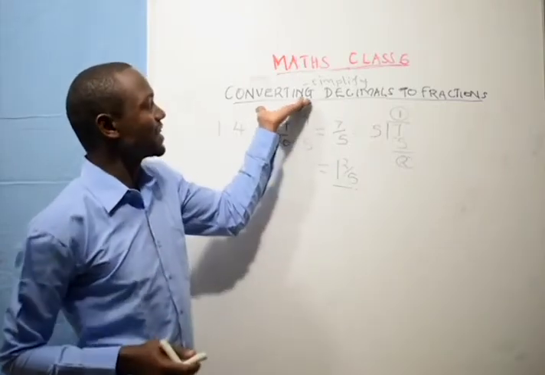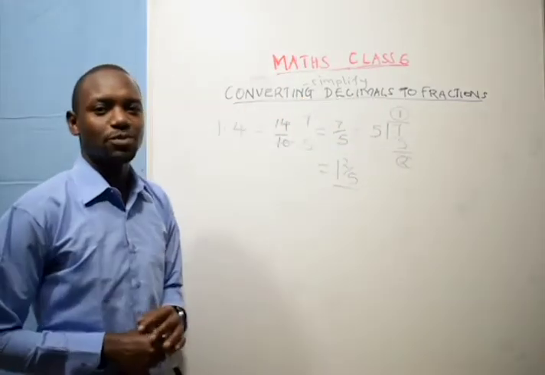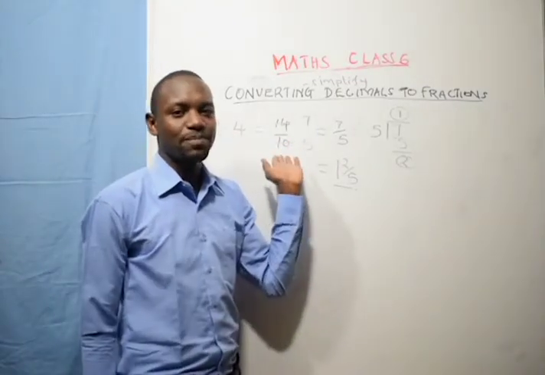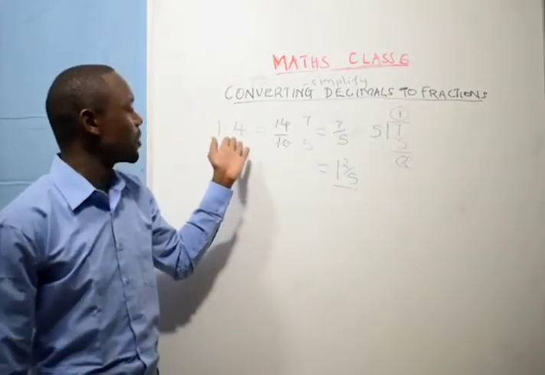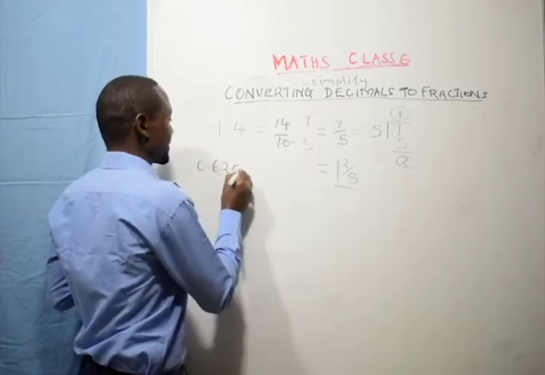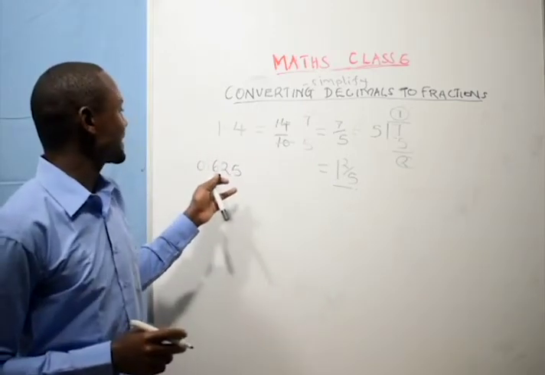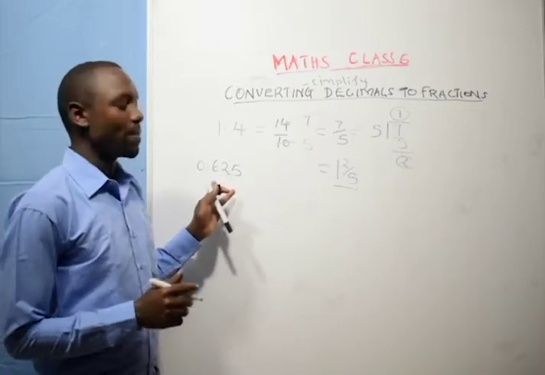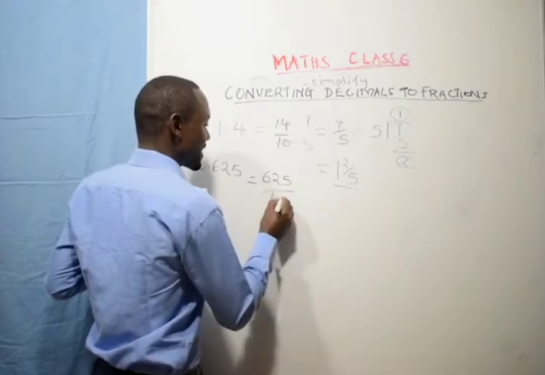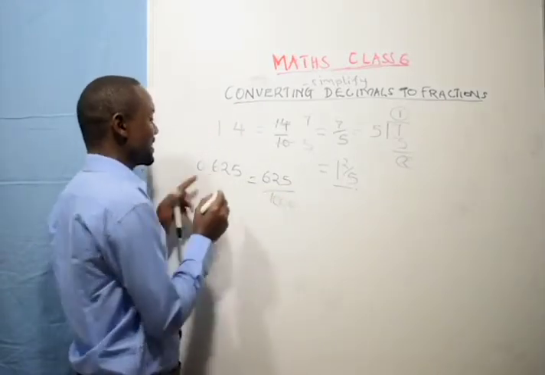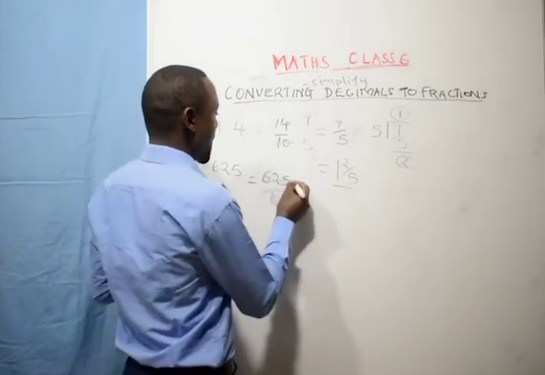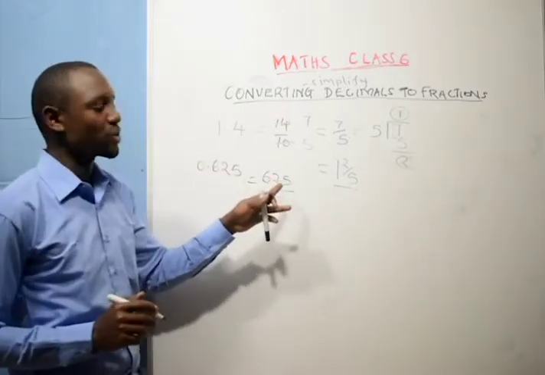So generally, when converting decimals to fractions, just look at the number of decimal places. Then you place the number over a power of 10 with the number of zeros equivalent to the number of decimal places. If it was 0.625, this number has 3 decimal places. So it will be 625 over 1,000. 1, 2, 3, representing the number of decimal places. From there you simplify. You simplify by 5 because they are not divisible by 2.